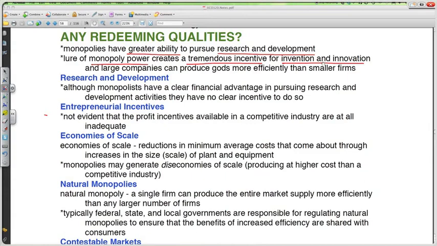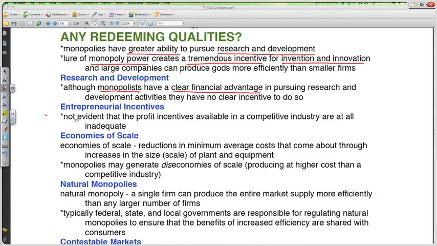But once they are a monopoly, they no longer have that incentive. So even though the monopolists have a clear financial advantage in pursuing research, unless it's to make the barriers to entry better, they don't have an incentive to do so.